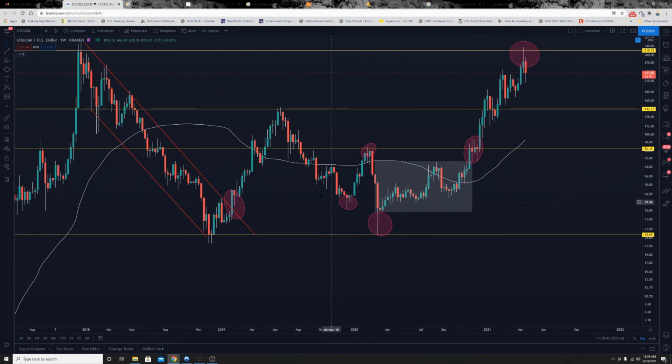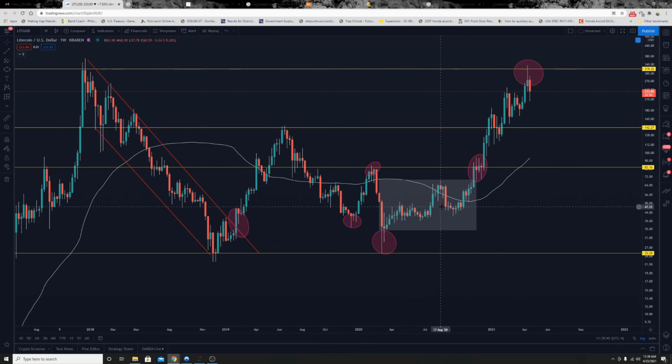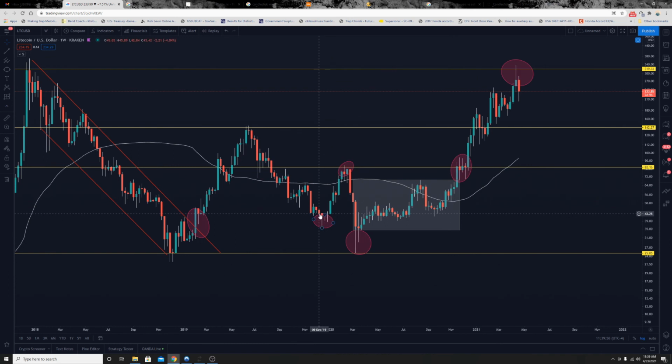Let me show you price structure. Compression zone is price structure, right? When price wicks like this, that's price structure, because it creates a base or a foundation to either bounce from or fall from. So here, this would be considered price structure, and this would be considered price structure.